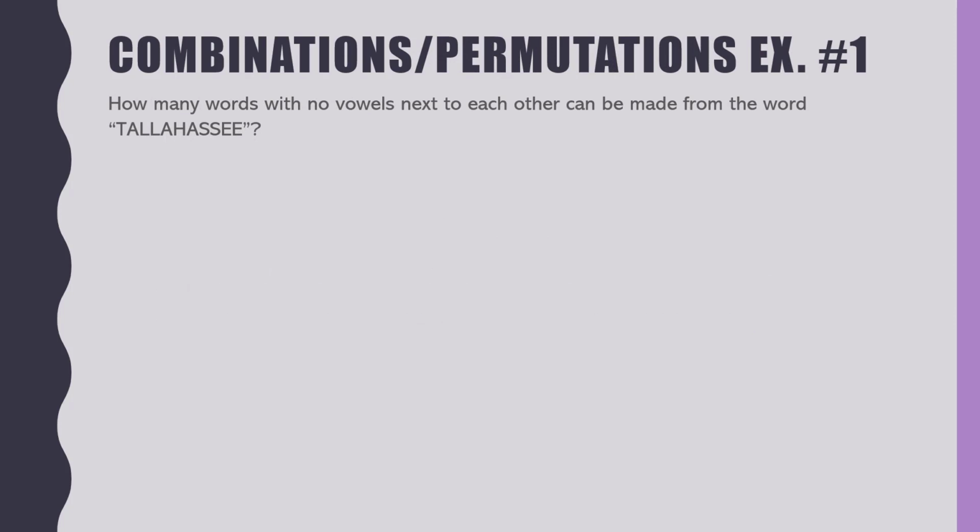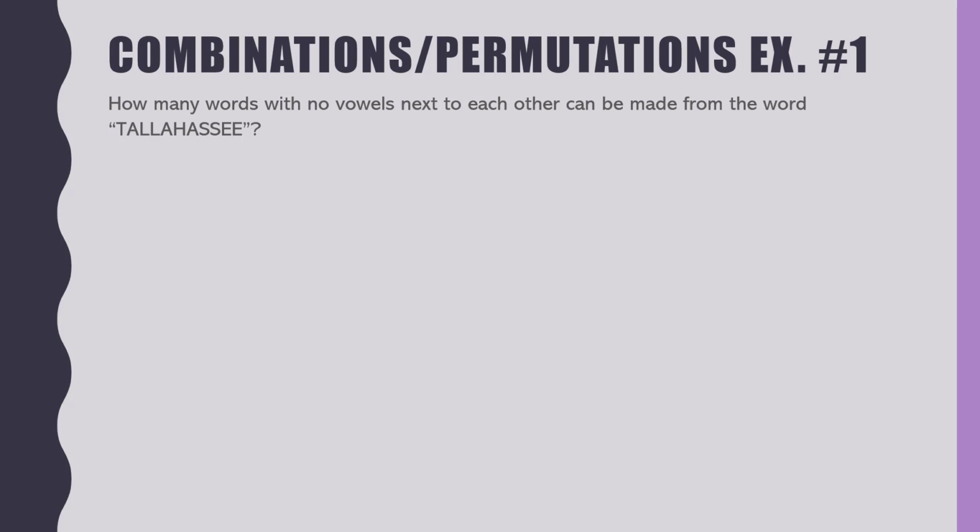So let's take a look at another fun one here. This is going to mix up a whole bunch of stuff we've talked about now. Now, I'm going to use the word words very loosely here. And what I mean by this question, how many words with no vowels next to each other can be made from the word Tallahassee? I mean, using all of the letters. So, yeah, you can make the word tall, but I'm not talking about that.